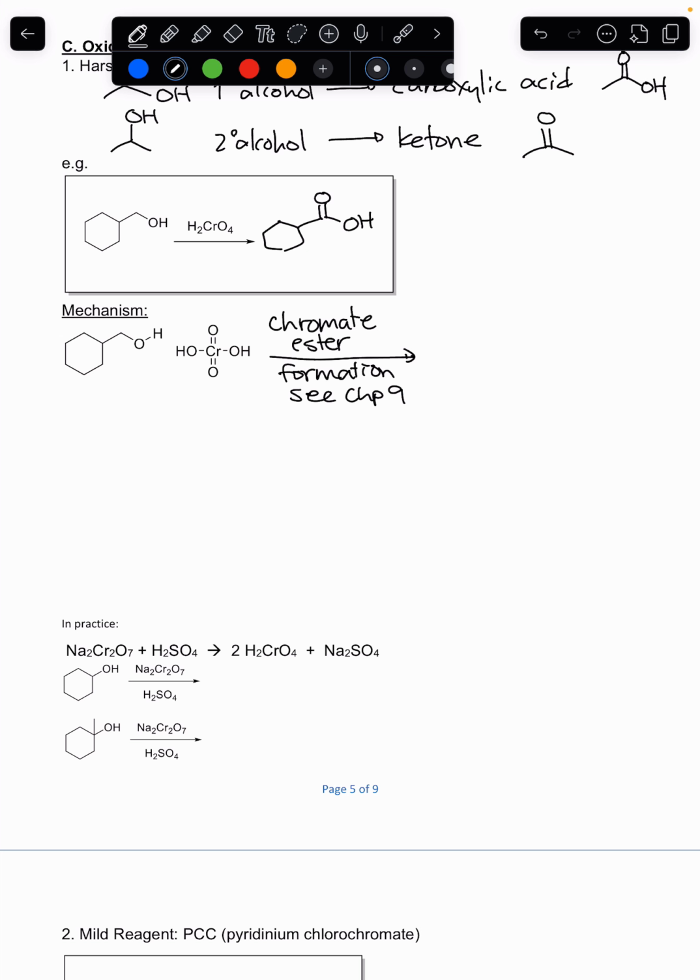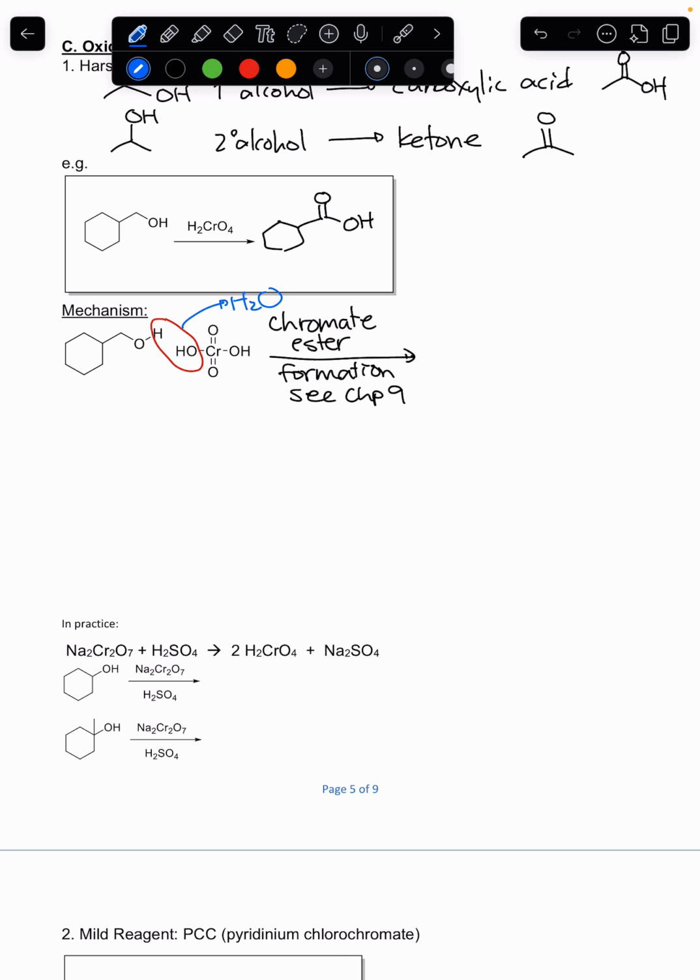So I want you to take a look at that. For now, what I want you to know is that we're going to see a condensation reaction. A condensation reaction just means two things come together and spit out water. Okay, so this becomes water.